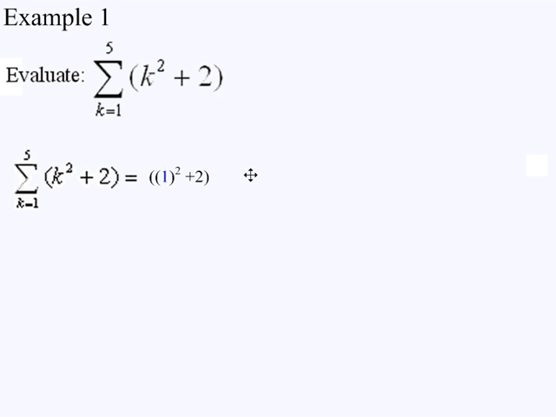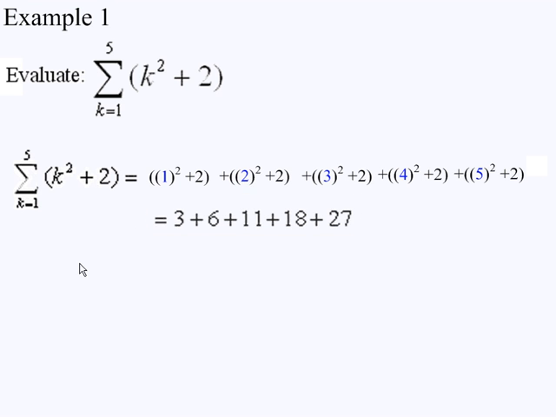It would look this way. Then we want to know what k squared plus 2 is when k is 2, also for 3, also for 4, all the way up to 5. This would generate 3, 6, 11, 18, and 27, and the summation of that is 65.